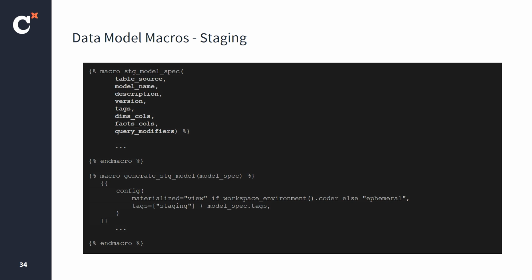Another unique thing you see here is the dim columns and the fact columns. When you typically write data models, you specify all the columns, but you don't distinguish between dimensions and facts at that early stage until you reach the semantic or BI layer, where you're exporting the data marts and the semantic layers. But here we have the user define very early on what these columns are. Are they dims? Are they facts?